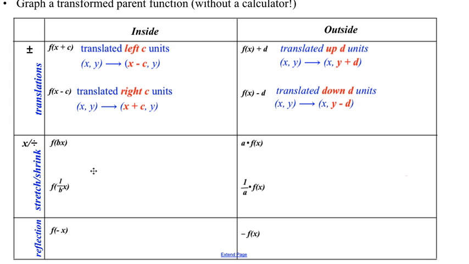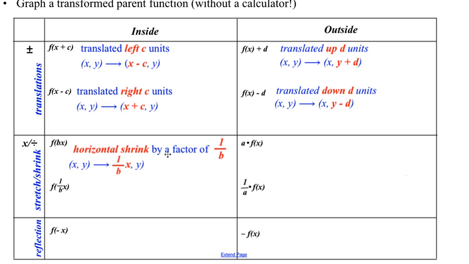Now down here for stretches and shrinks, these get a little bit confusing with remembering what the scale factor is. So when you have your function multiplied by a number inside, so all of this left side is inside of the function, that represents a horizontal shrink, and the factor is the reciprocal of whatever it's multiplied by.